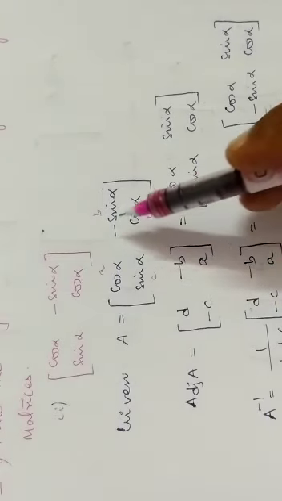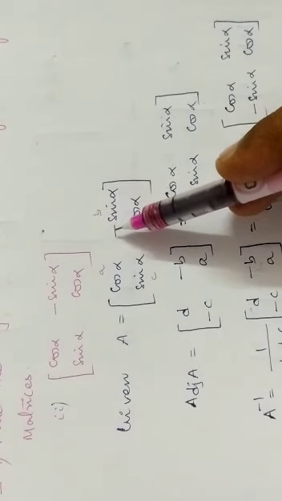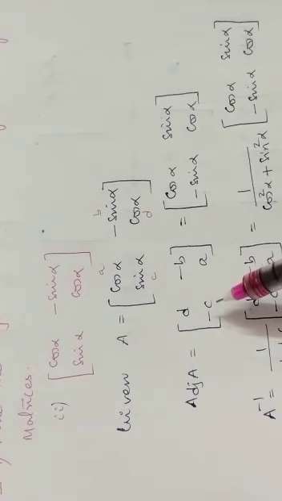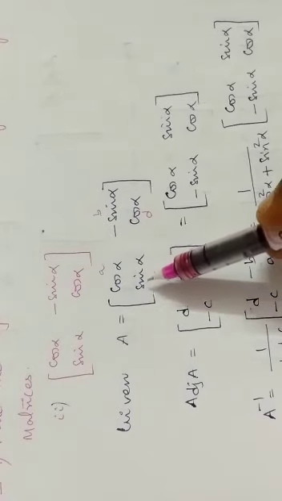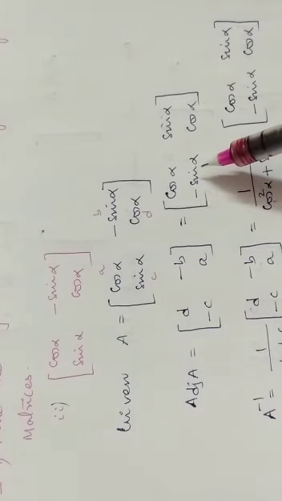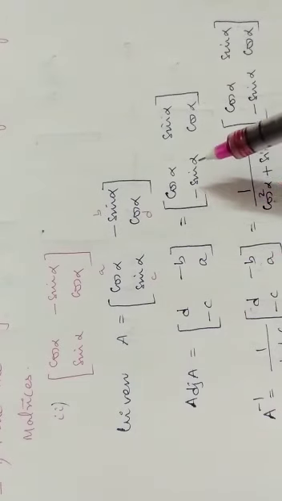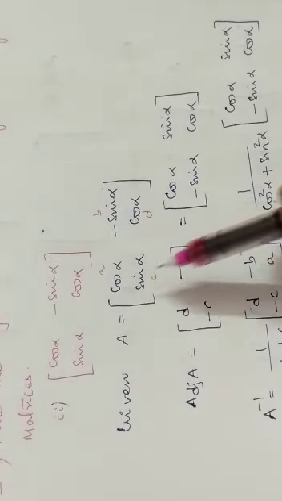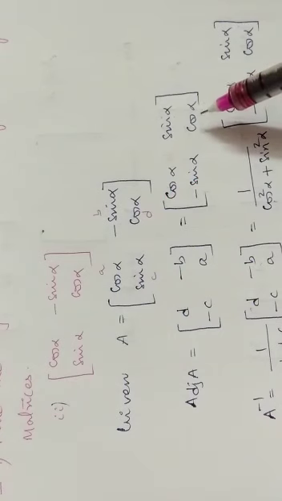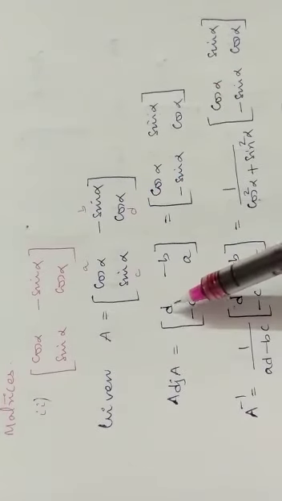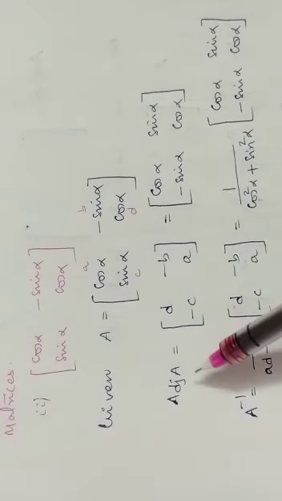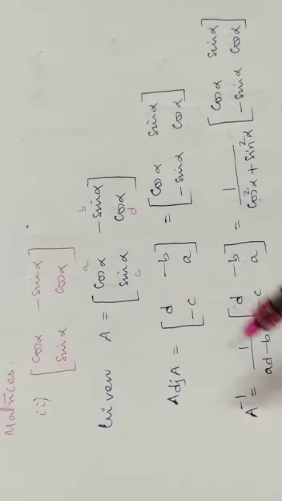Minus B, minus into minus is plus sin alpha. Minus C, C is sin alpha, so minus C means minus sin alpha. D is A. What is A? Cos alpha. So D, minus B, minus C, A is the formula of adjoint A for a 2 by 2 matrix.